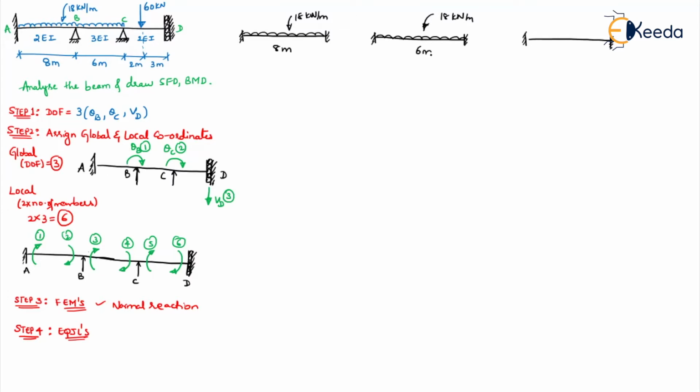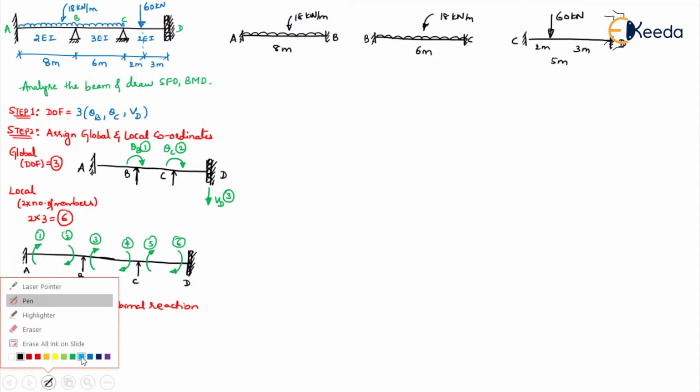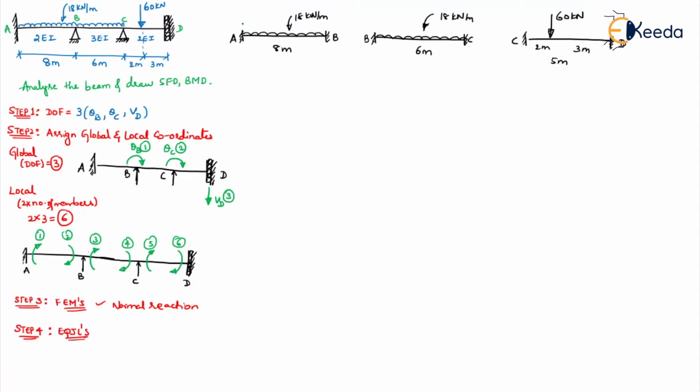here? 6 meters. Here it is an eccentric point load of 60 kilonewton. So here it is 2 meters and here it is 3 meters. The total length is 5 meters. Okay. So since all the loadings are from top, the fixed end moments will try to push them to their normal position.